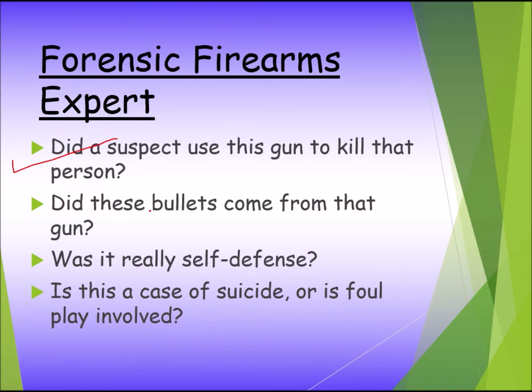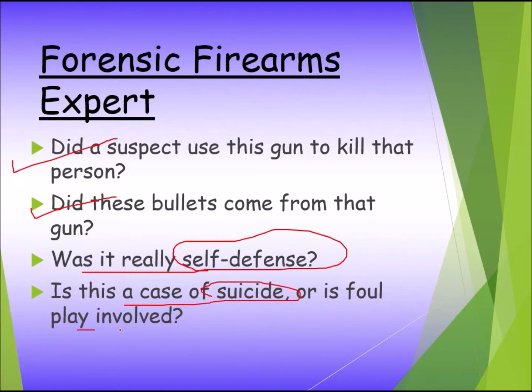Or did these bullets come from that gun? Was it really an act of self-defense, or is it a case of suicide, or is any foul play involved? These are the basic questions which a firearm expert should answer in a court of law related to any firearm case.